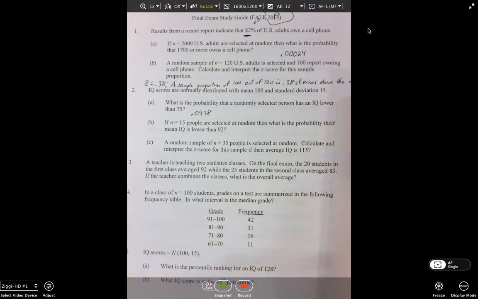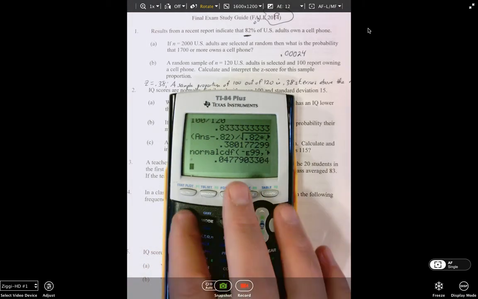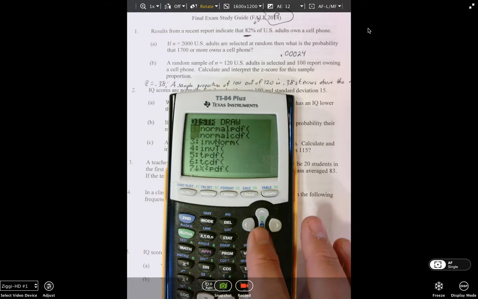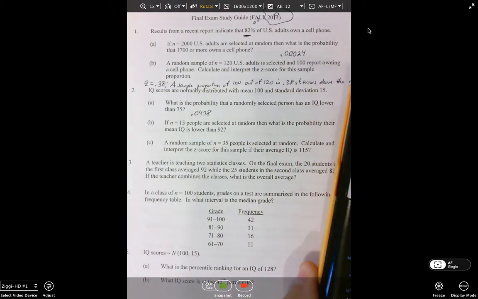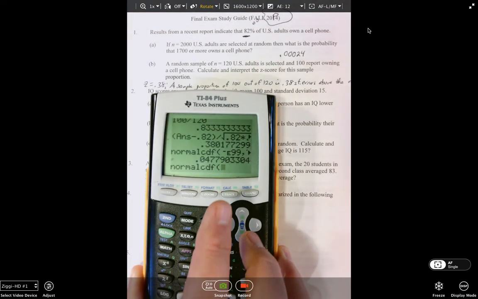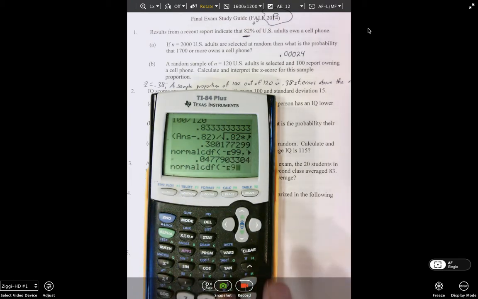All right, part B says if n equals 15 people are selected at random, what's the probability their mean IQ is lower than 92? Now, guys, this is a situation where we have to bring the standard error into the problem. So again, we want less than 92 with 15 people. So less than 92 is going to go from negative E99 up to 92.